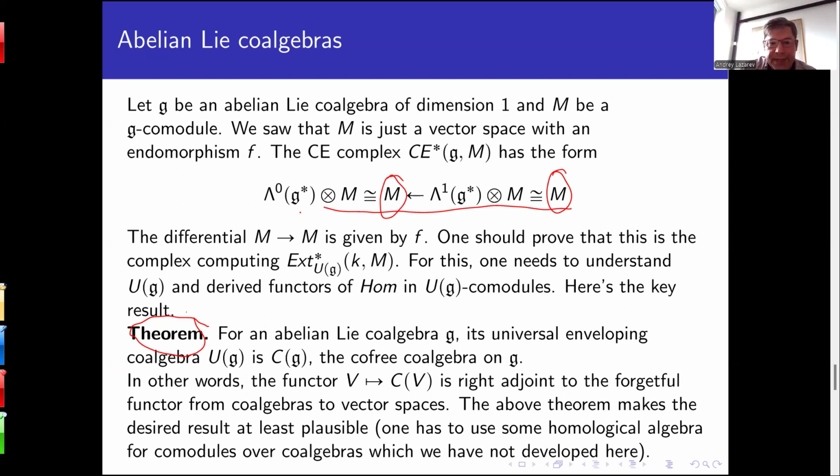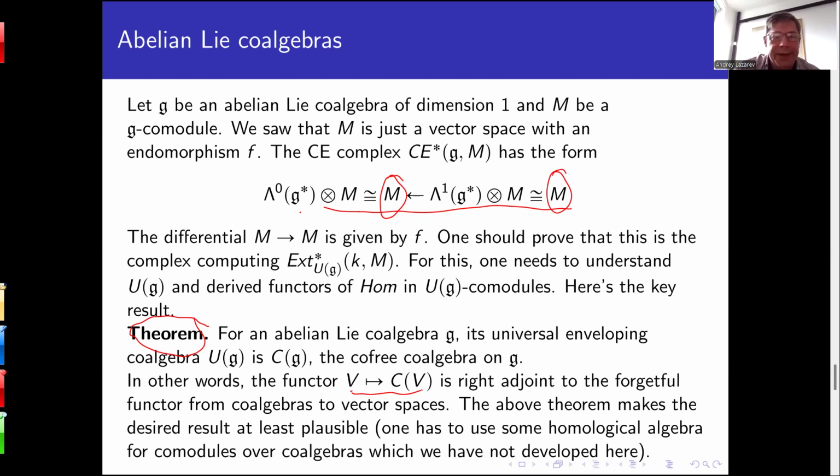The theorem here is that for an abelian Lie coalgebra G, here I'm not actually assuming that it's one-dimensional, even though the one-dimensional case is all I need, its universal enveloping coalgebra is the co-free coalgebra on G. In other words, what I mean by the co-free coalgebra C of G is that this functor is right adjoint to the forgetful functor from coalgebras to vector spaces.